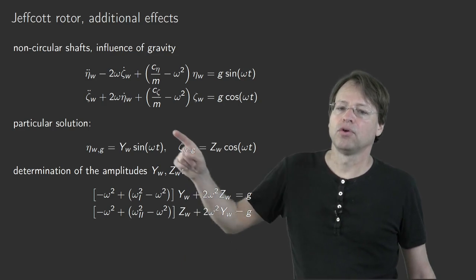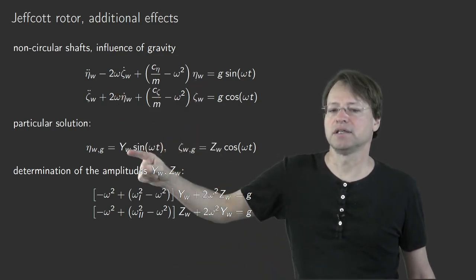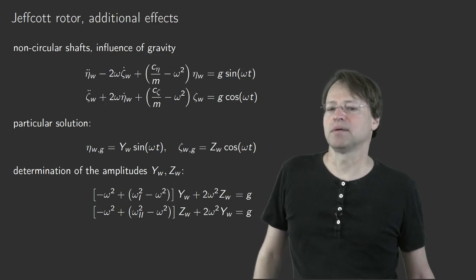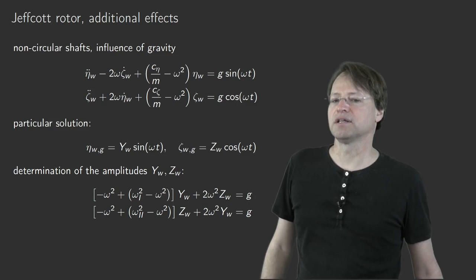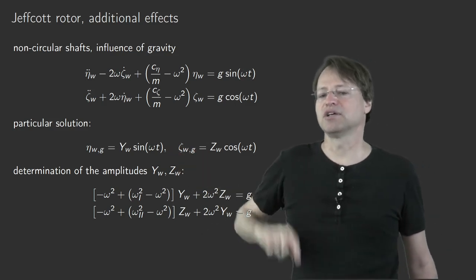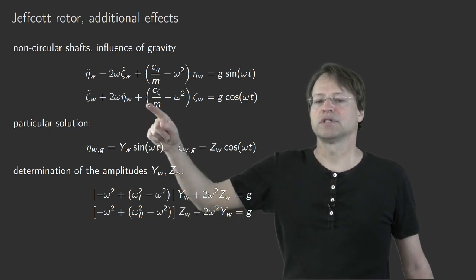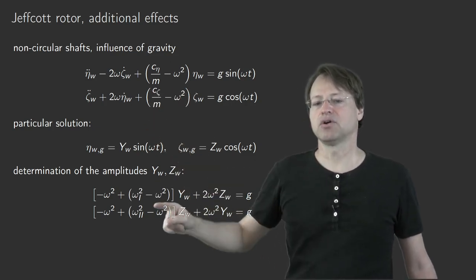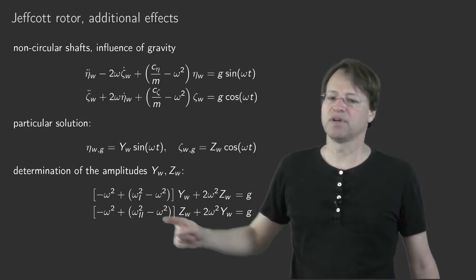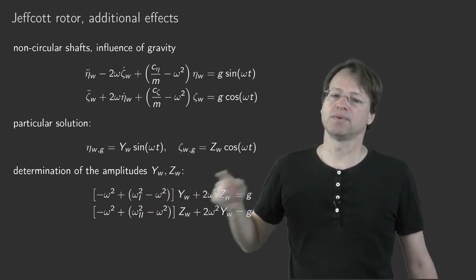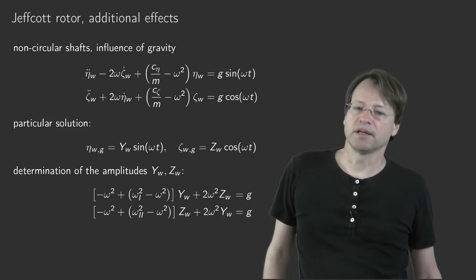So for the first and the last term, I have to set here capital Y sub w sine omega t. Here, after the second derivative, I get a negative sign and the inner derivative omega squared. So this is obviously the first term, while for the second term, I used my abbreviation, omega 1 squared minus omega 2 squared. Of course, in the next step, we can add up that minus omega squared and that minus omega squared to yield minus 2 omega squared.